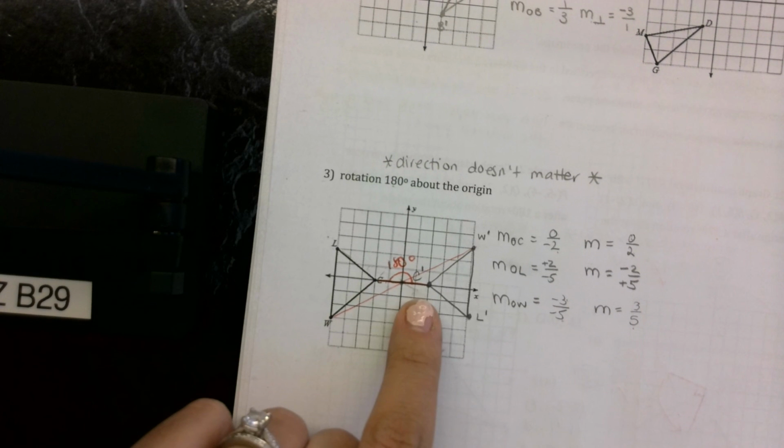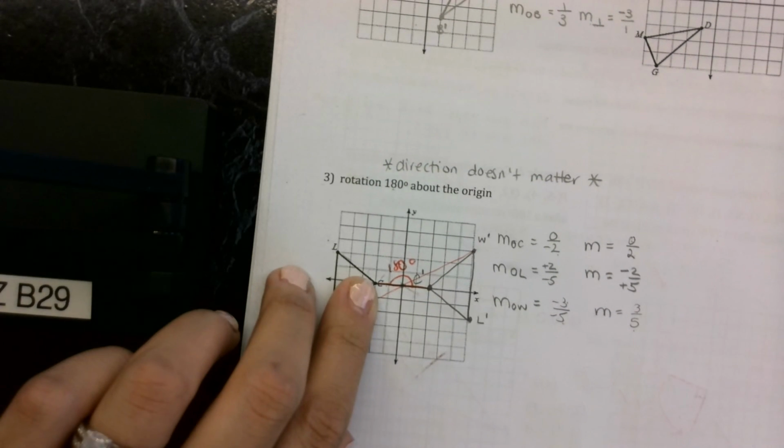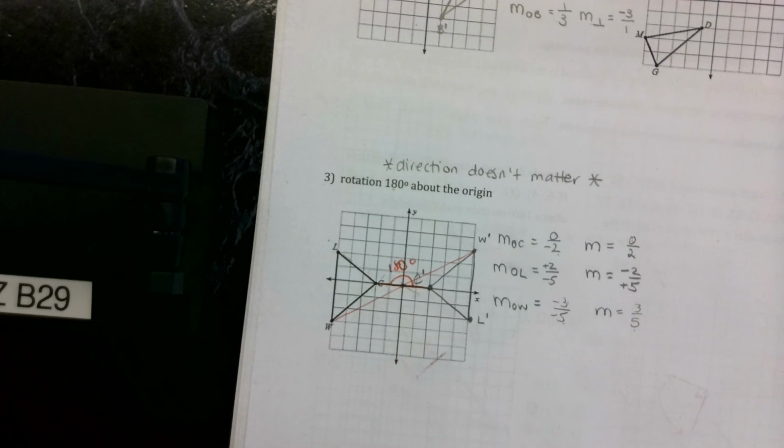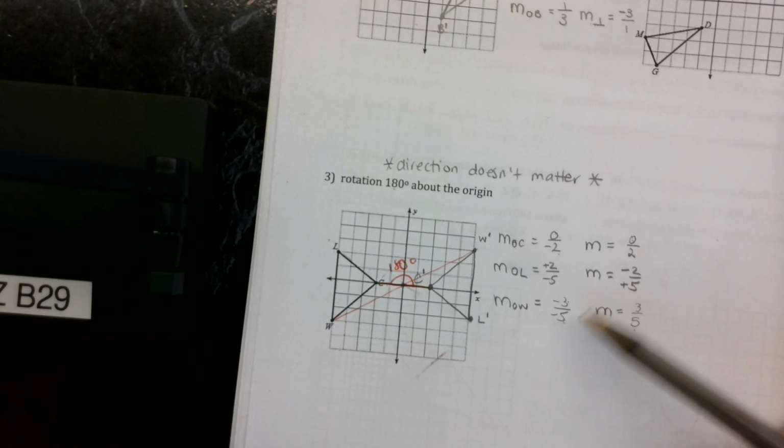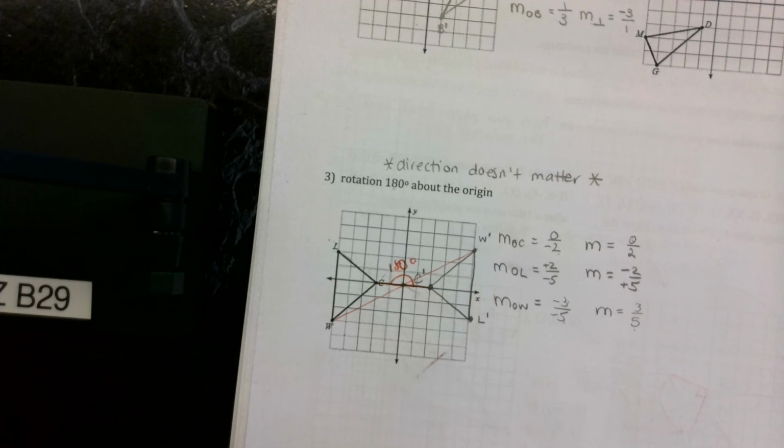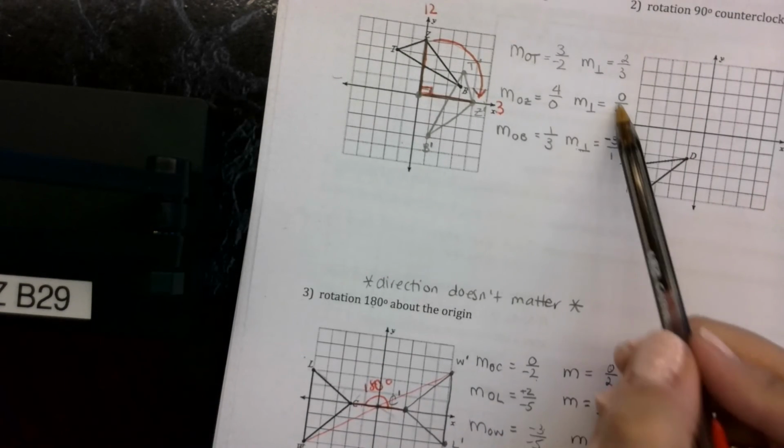It's easier when you have points on the x-axis or on the y-axis, but when you have other points, I think it might be helpful to write the original slope from the origin to the point, and then either the same slope if it's 180 degrees, or a different version of the same slope versus the perpendicular slopes.